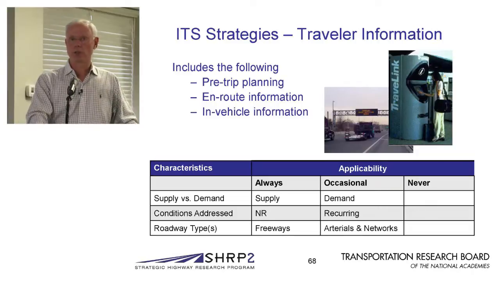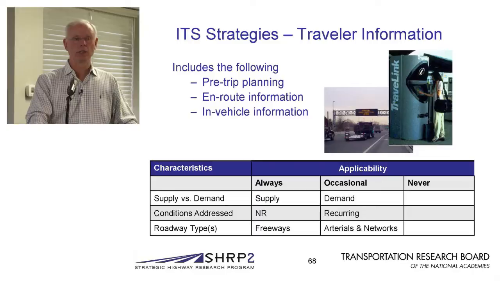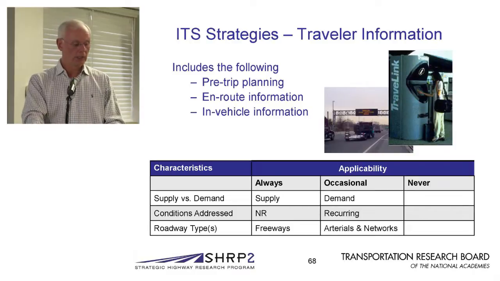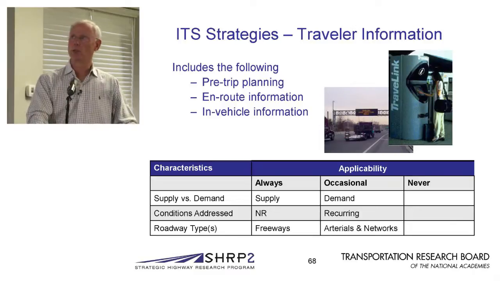But I think we know that increasingly traveler information is provided as a service. We're getting it inside our vehicles from a variety of different providers, and that traveler information market has just exploded since the early days of ITS, and it's good, helping a lot of people.